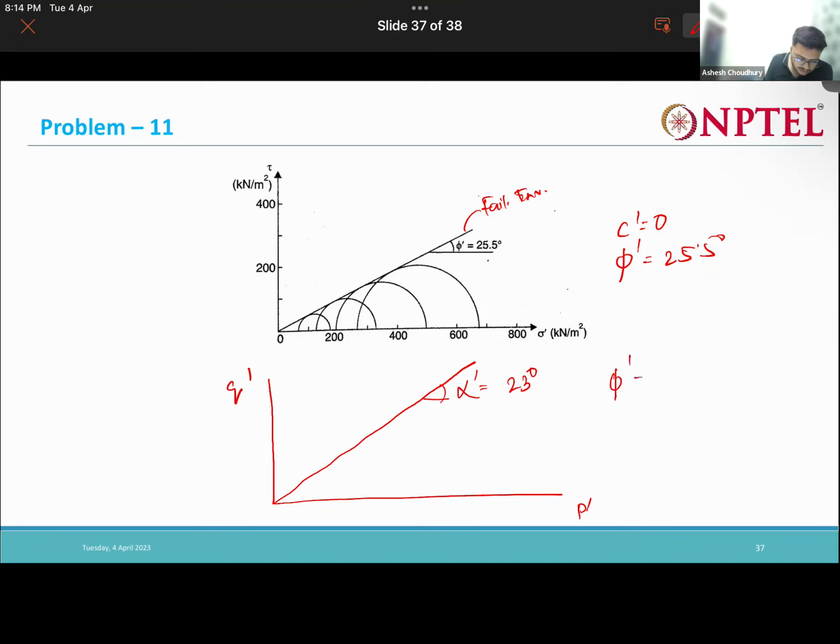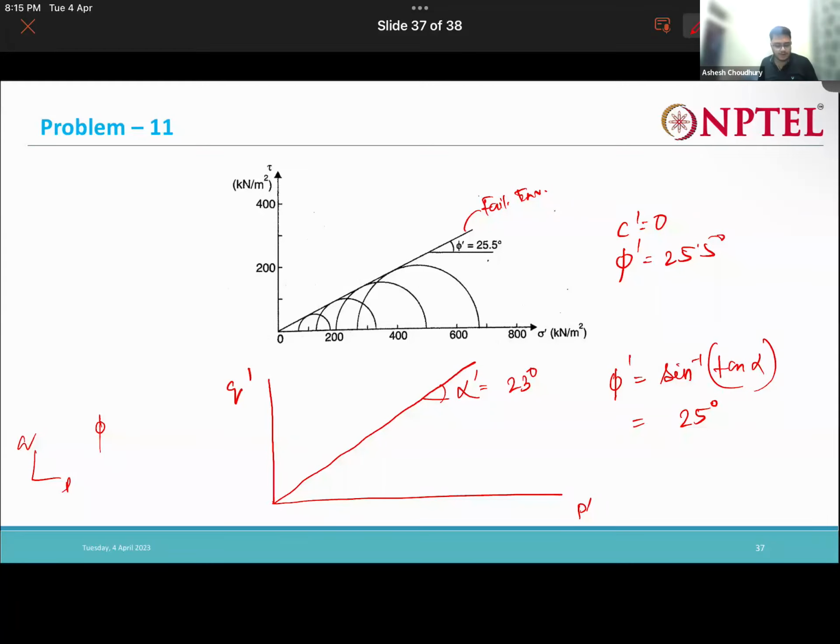Phi dash is equal to sine inverse tan alpha. So you put 23 degrees here, you will get 25.5, approximately 25 degrees. In the same way, you can also determine the total stress parameters by plotting P and Q, and from there you can get the phi value.